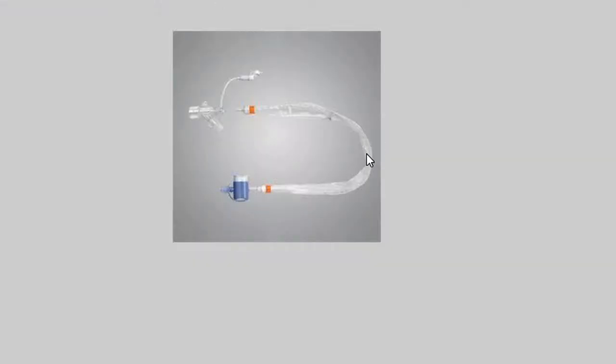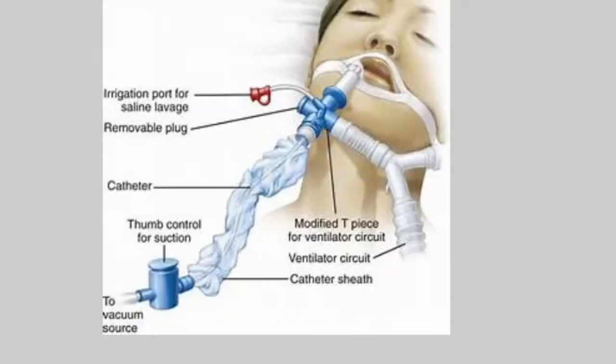And here we have an inline catheter. Let me enlarge it for you so you can see it better. Let me see if I can find another one. Okay, let's use this one. This is an inline. This one you see right here, it's attached to the ventilator circuit.